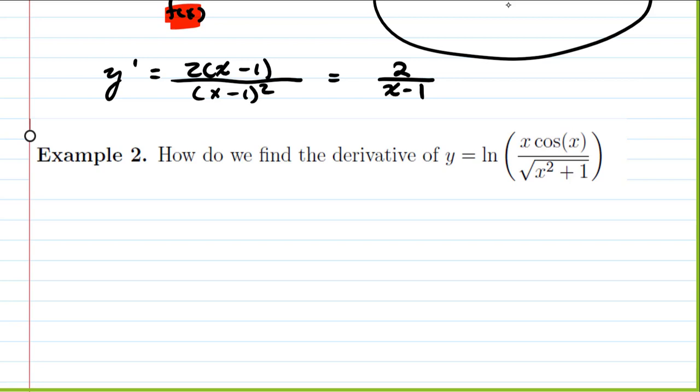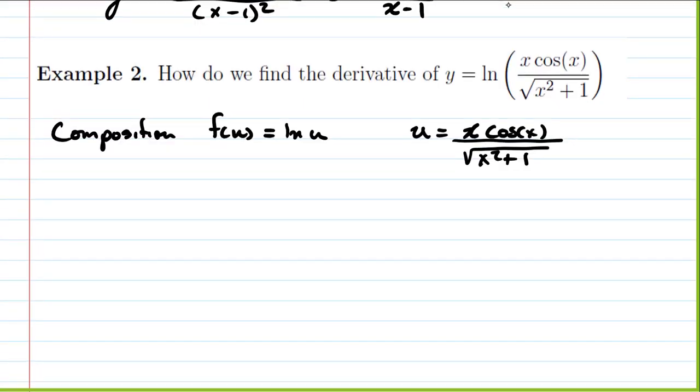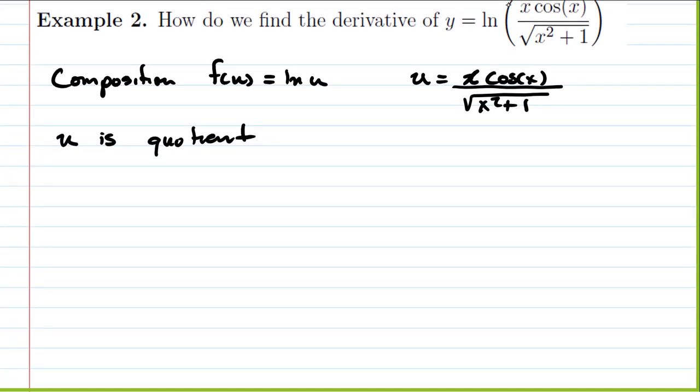So the first thing we would notice is that we have a function composition, right? So our outer function is the natural logarithm of u, and then our inner function is x cosine x all over the square root of x squared plus 1. But then to take the derivative of u, u is a quotient, right? So inside there, we would need the quotient rule.